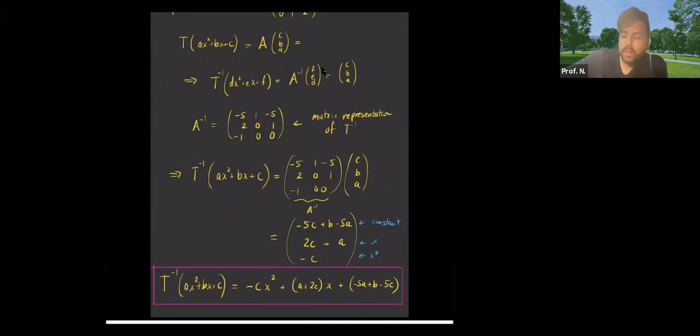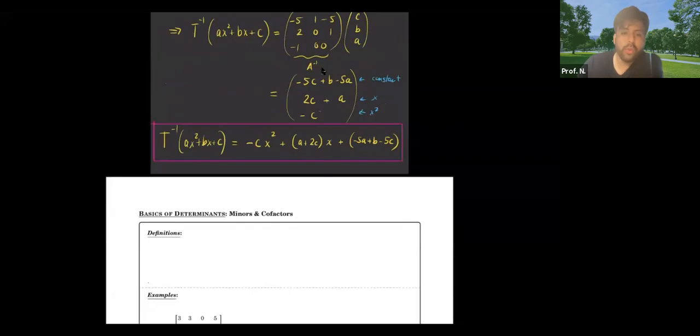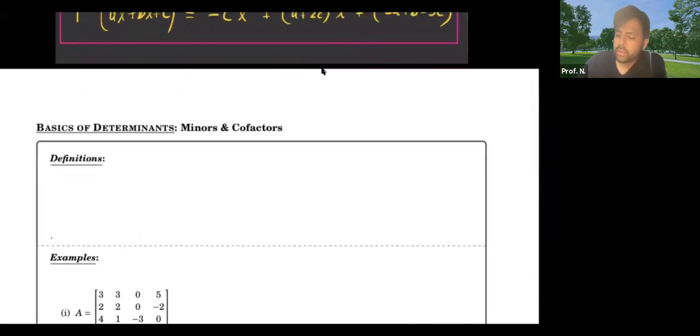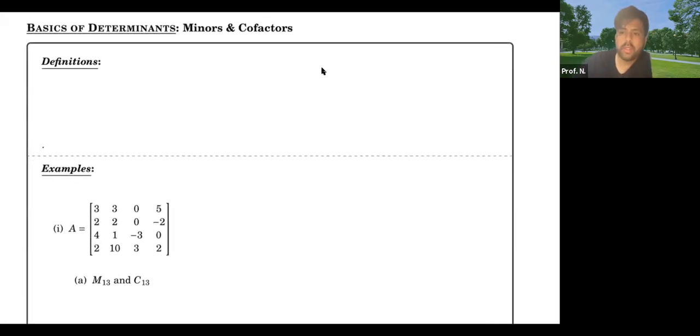So for now, the rest of your homework assignment has to deal with determinants. So we're going to be talking about determinants extensively today. It kind of feels like we're going from theory to application, almost like every 2 lectures is theoretical and then all of a sudden it's very applicable.